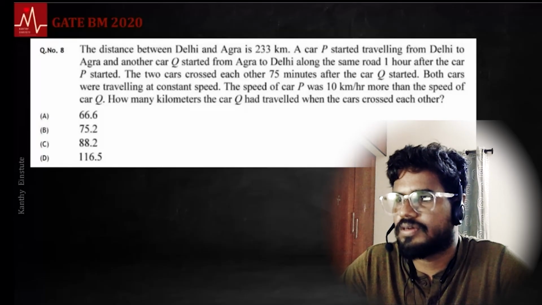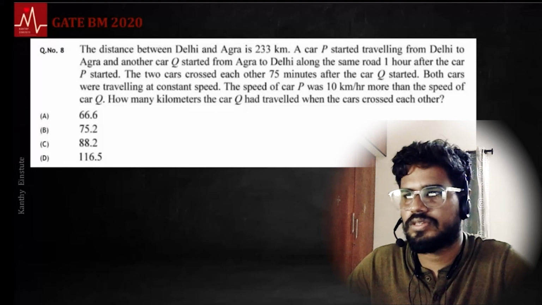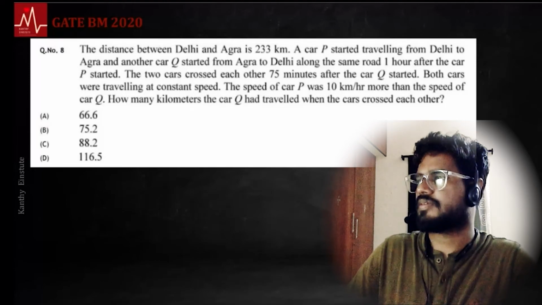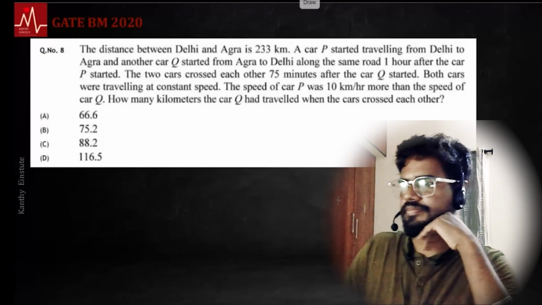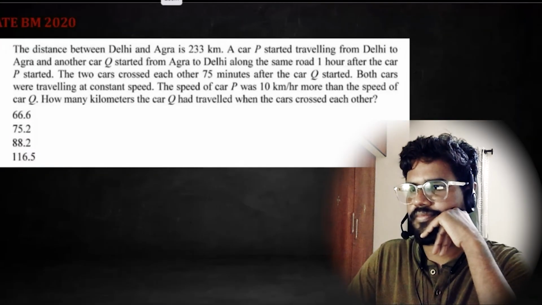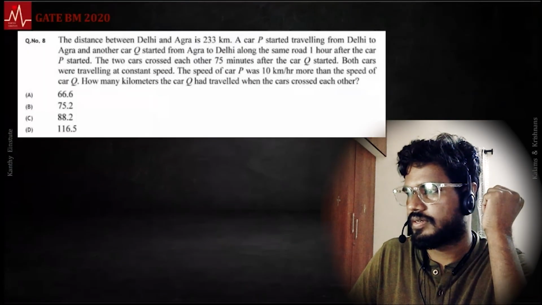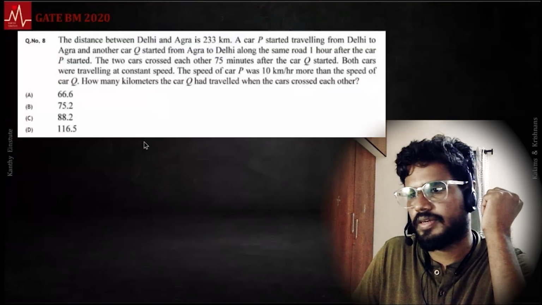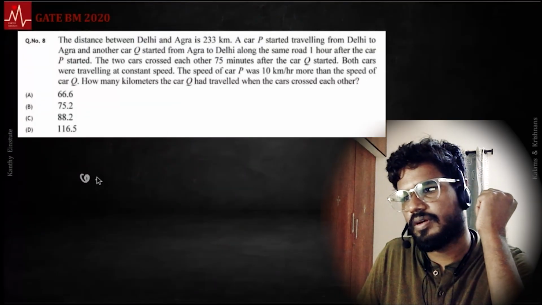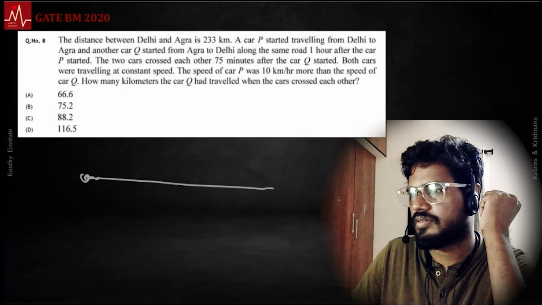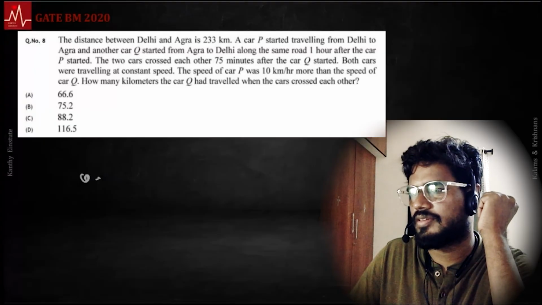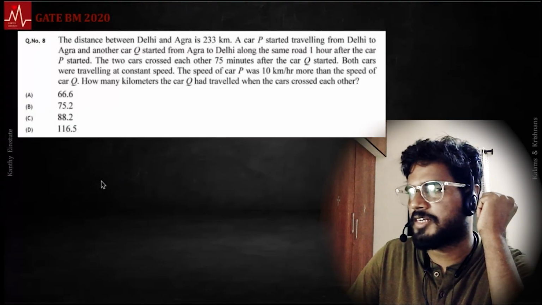Distance between Delhi and Agra is 233 kilometers. Let's sketch it. Agra. Sir, are you considering Manhattan distance?